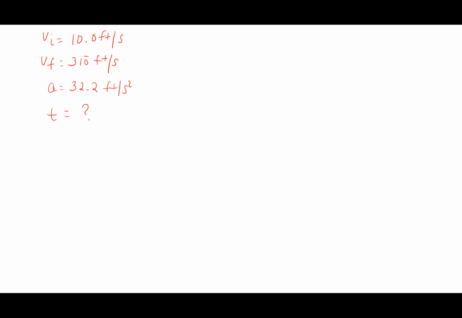Alright, so a ball falls with constant acceleration. A equals G. So another way to look at gravity is A equals G equals 9.80 meters per second squared. So depending on which type of units you're using, but that's another way, 32.2 feet per second squared or 9.8 meters per second squared.